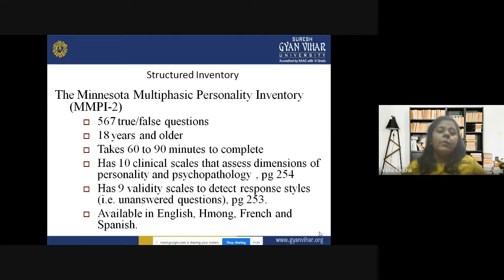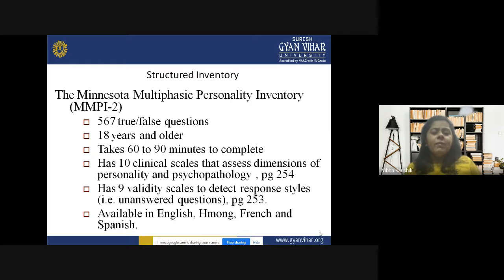Now, structured inventory, the Minnesota Multiphasic Personality Inventory, MMPI-2. 567 true-false questions, means there are 567 statements in that inventory, and these 567 statements are choices of whether that statement is true according to you or it's false according to you. 18 years and older, and this test can be administered on individuals who are more than 18 years.